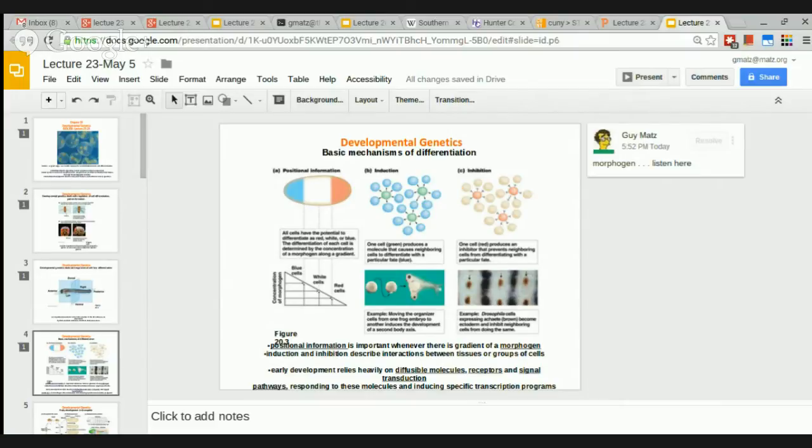For example, in the anterior pole, cells respond to the morphogen and they develop in the fate called blue, for example, but cells that are very close to the posterior side of the blue region actually may have a completely different developmental program in response to a relatively small concentration of morphogen.